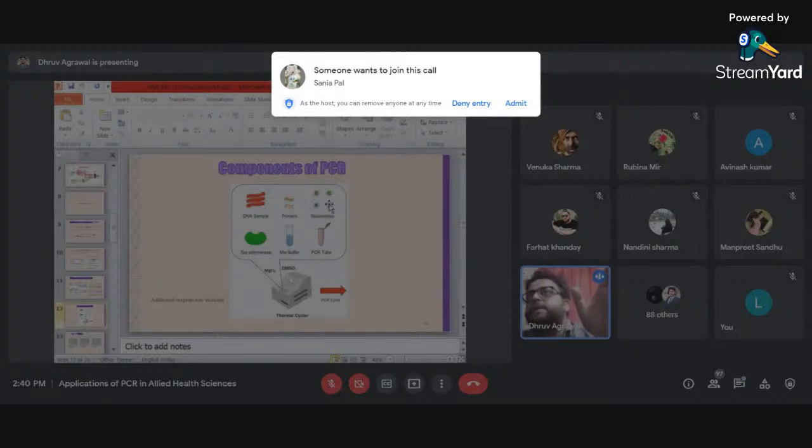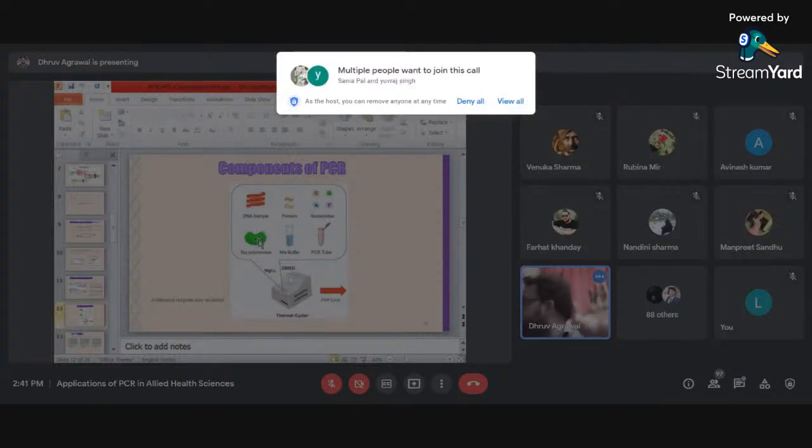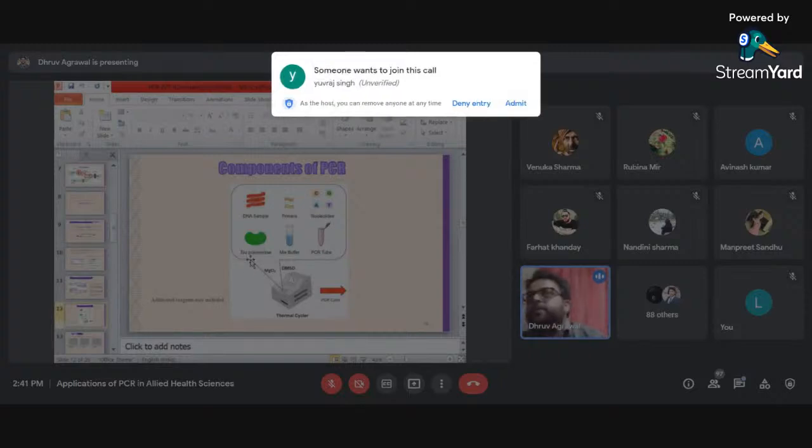All these are provided artificially in the reaction by us. Then you need the DNA polymerase. Taq polymerase is one of the DNA polymerases, the most ancient one, which was discovered first. Why is it referred to as Taq? Because it was isolated from a bacterium known as Thermus aquaticus.